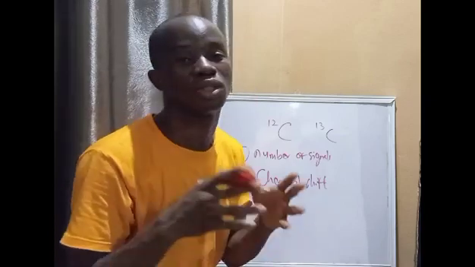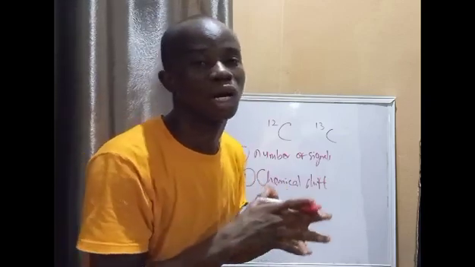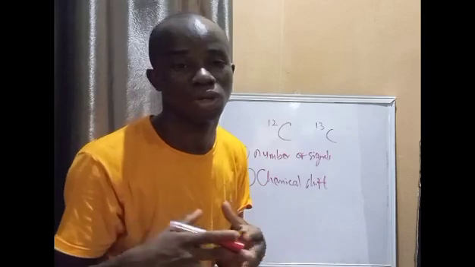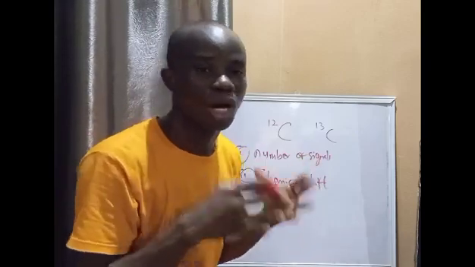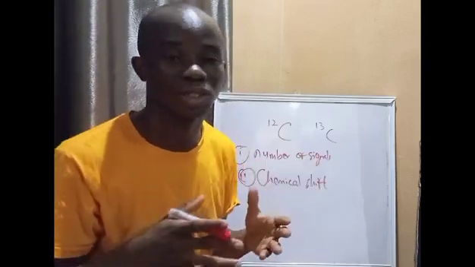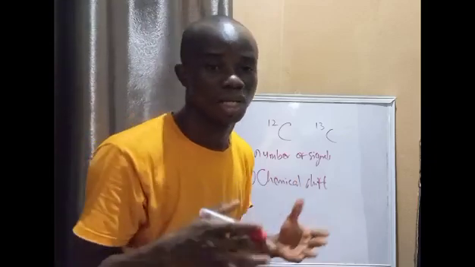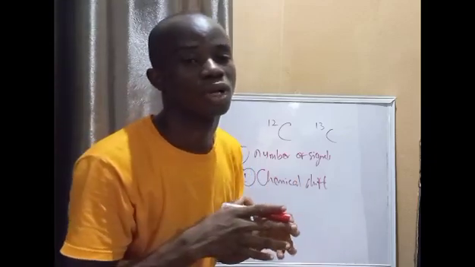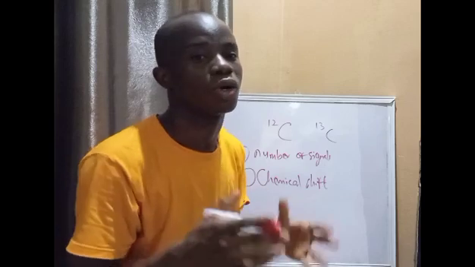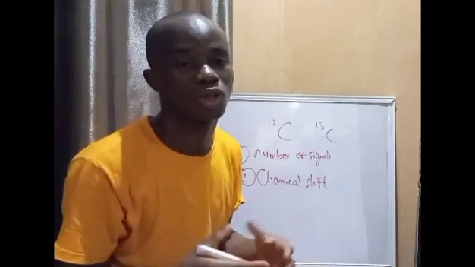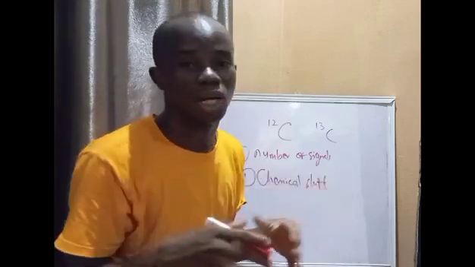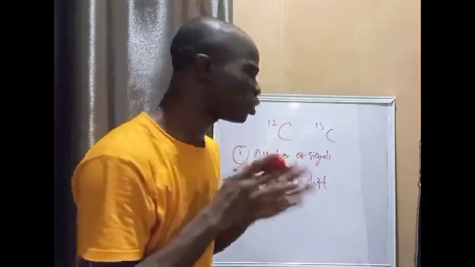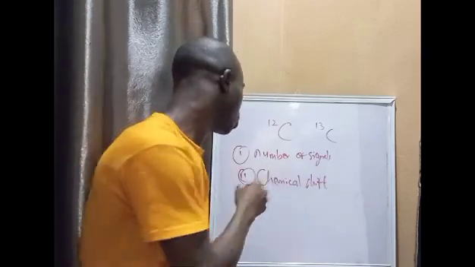For example, I talked about the terminal hydrogen of aldehyde compounds and the chemical shift of hydrogens directly attached to a benzene ring, and others like that, which also have particular chemical shift values that can be an indicator of their chemical environment. The third thing which I talked about is multiplicity.